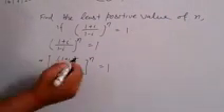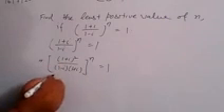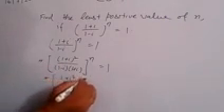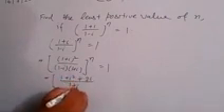Now simplifying it, that is equal to 1 plus i square plus 2i, and in the denominator you have 1 plus 1, which is equal to 2.